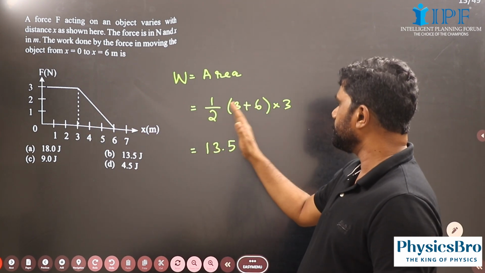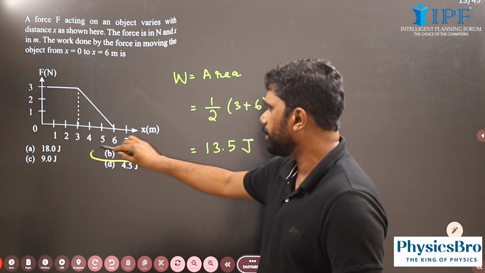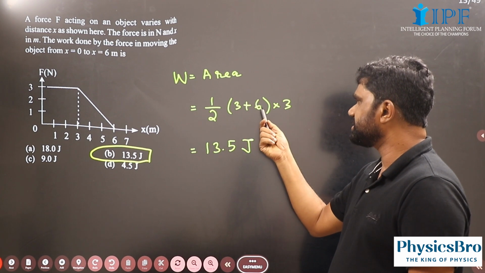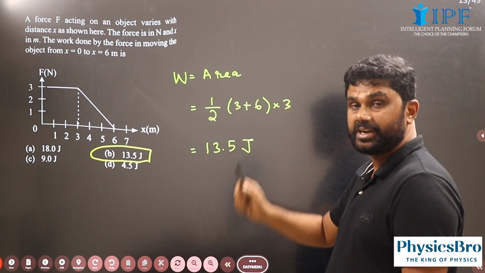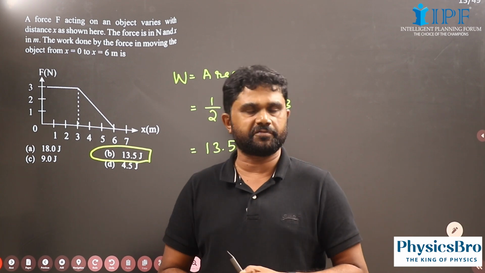So half into 3 plus 6 into 3. This is 3 plus 6, that is 9, into 3, 27 divided by 2. That means half of 27, which is equal to 13.5 joule.